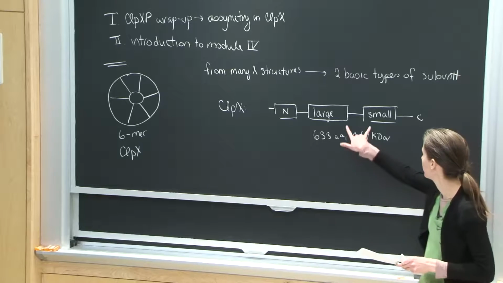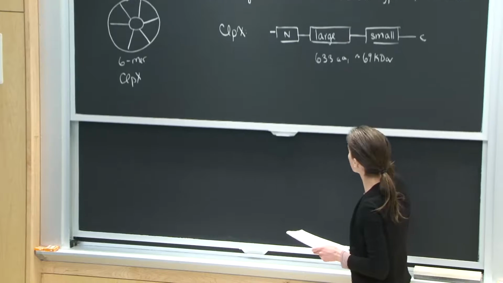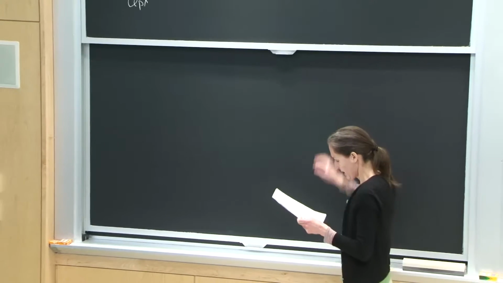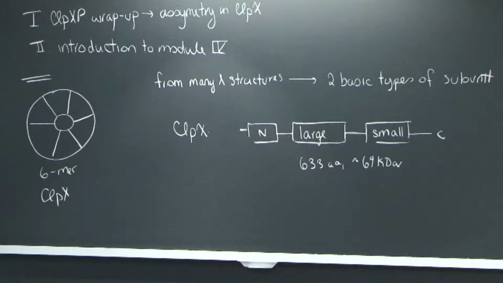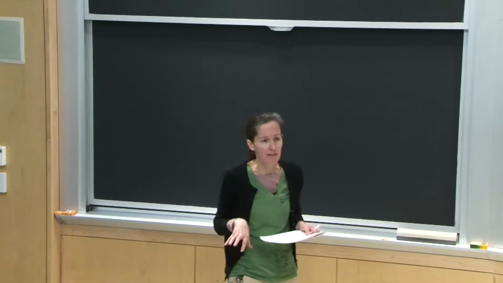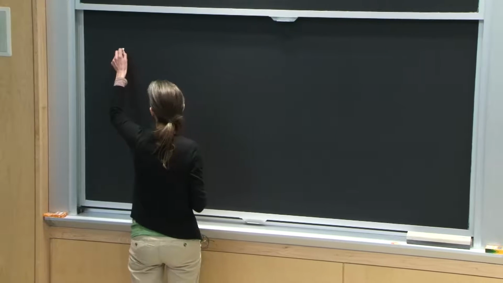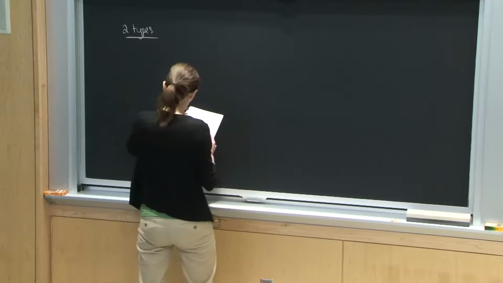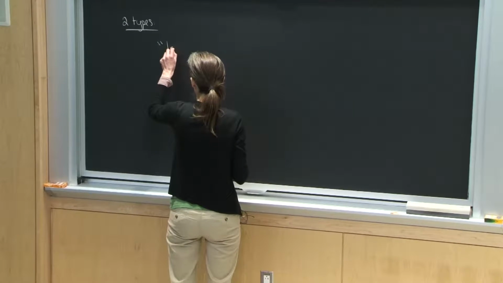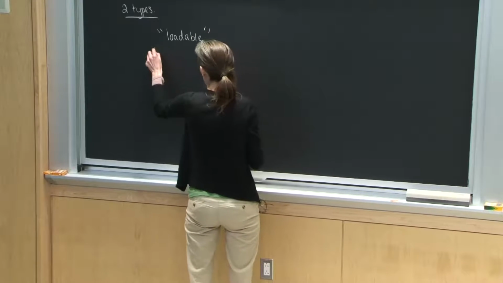And so what we're going to focus on are the large and the small domains, and what's observed from many different crystal structures. And so these 2 different types of subunit have been described as loadable and unloadable, and that depends on whether or not nucleotide is bound. So if we consider these 2 types, just thinking about the large and small domains, we have this loadable arrangement, which binds nucleotide.